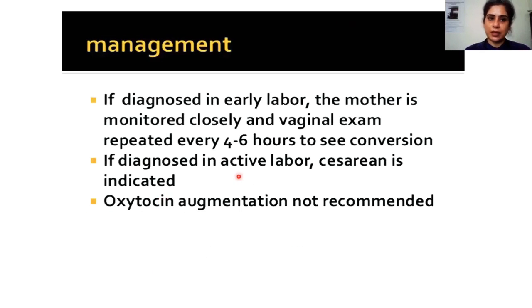If diagnosed in early labor, the mother is monitored closely and vaginal examination is repeated every 4 to 6 hours to see the conversion to vertex or face presentation. If diagnosed in active labor, cesarean section is the mode of delivery. Oxytocin augmentation is not recommended.